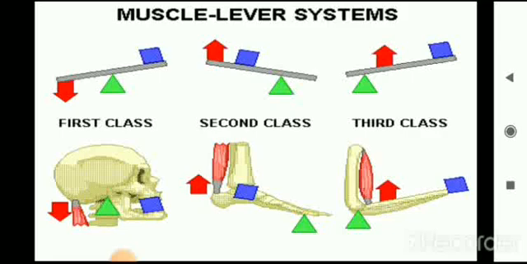The point at which our head is connected to our neck, it is known as what? It is known as the fulcrum because our neck moves around that point, right? And the point at which the lever moves, it is the fulcrum, right? And the head is the load and our neck is the effort. Clear? So the first picture shows what type of lever? First class lever. Clear?